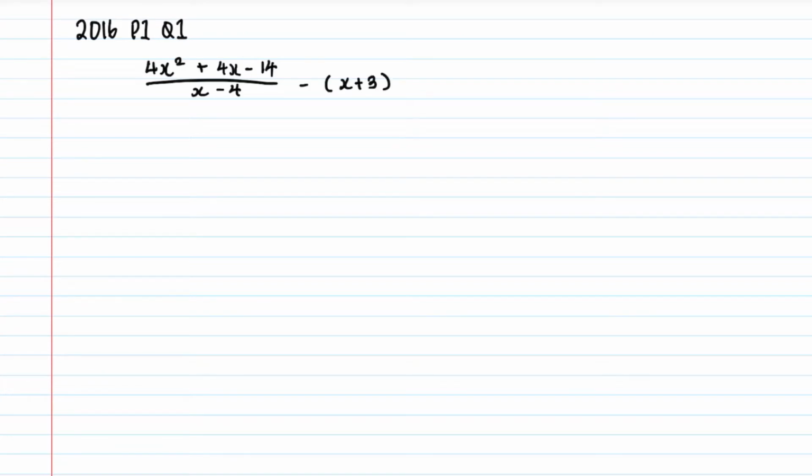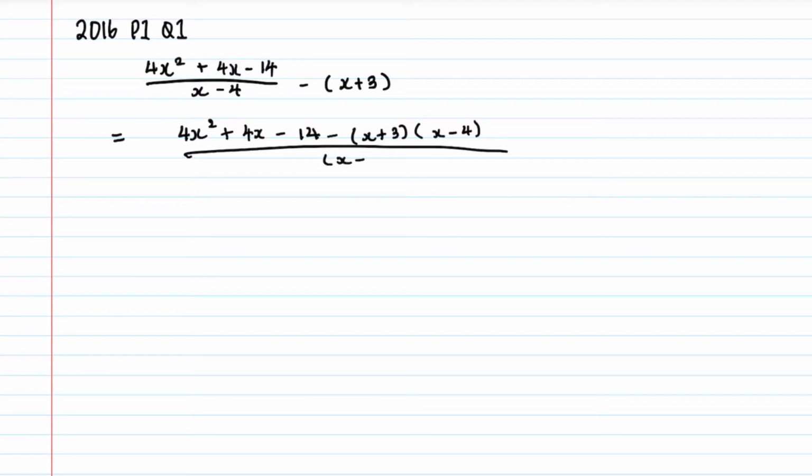For this part, you just need to basically make a common denominator. So this is really your basic math. You would have 4x squared plus 4x minus 14 minus your x plus 3, and then you just want to multiply it by the denominator, x minus 4, so that you can combine it into a single fraction over x minus 4.